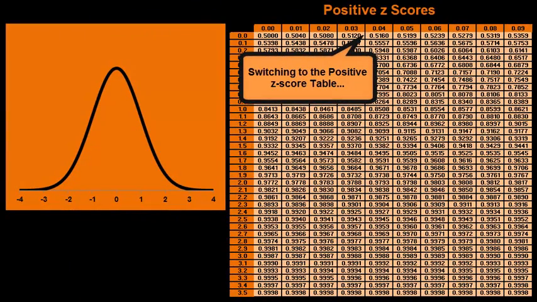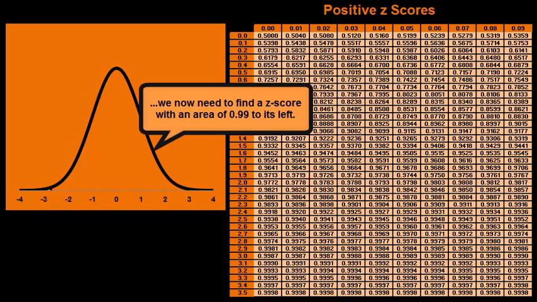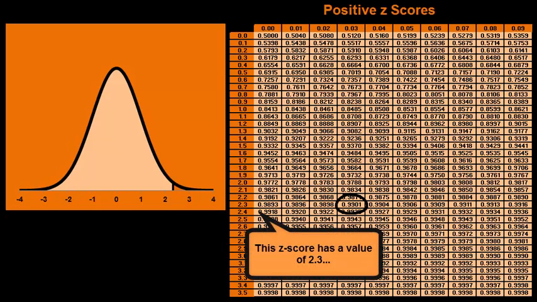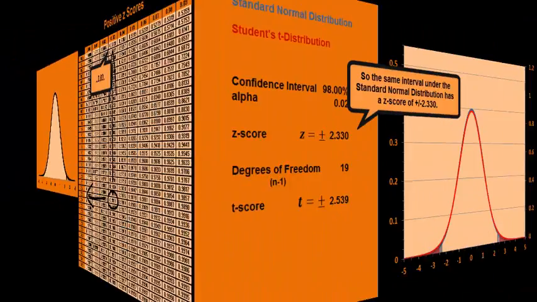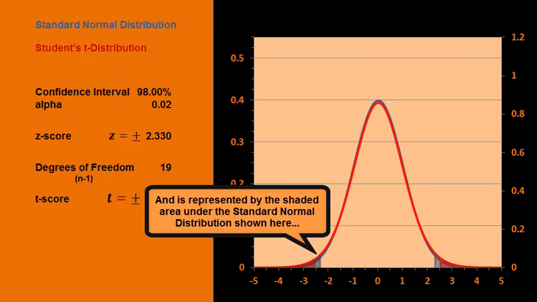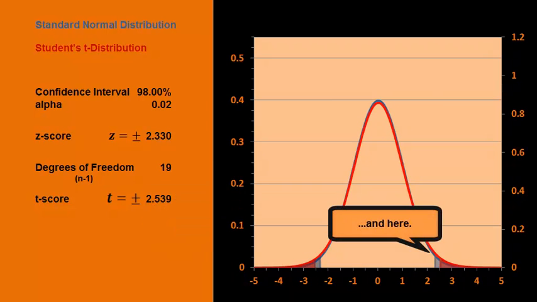Switching to the positive z-score table, we now need to find a z-score with an area of 0.99 to its left. And here the best we can do is 0.9901. The z-score has a value of 2.33. So the same interval under the standard normal distribution has a z-score of plus or minus 2.33 and is represented by the shaded area under the standard normal distribution shown here and here.